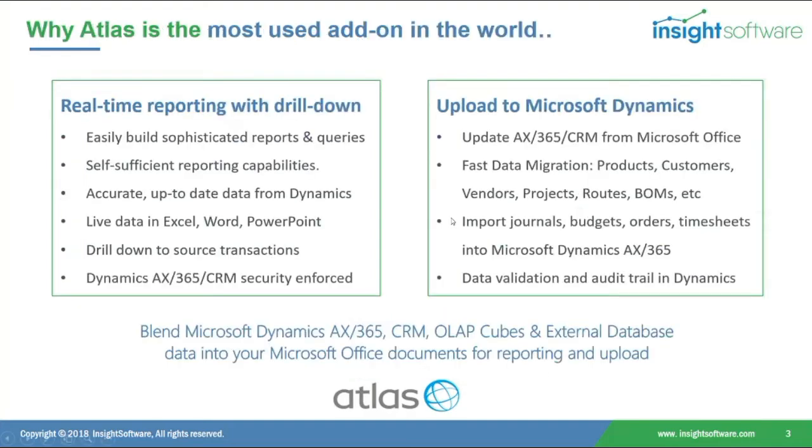So the specific things that Atlas brings is a real-time connection from multiple Office applications, from Excel, Word, PowerPoint, and even Outlook, across your entire system. So not just financial reporting, but any other type of operational reporting, projects, quantity shortages for production orders, asset reports, human resources and payroll reports. All the time, though, adhering to the security model of Dynamics.